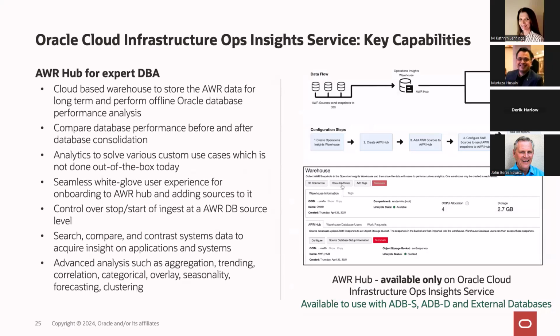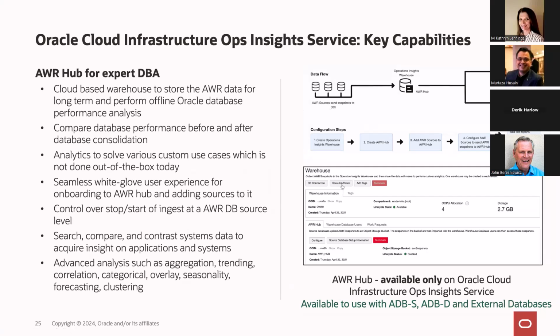AWR Hub, as I mentioned, is a cloud-based data store. If you look at the right side from an architecture point of view, it helps you ingest AWR snapshots into a cloud-based data store.